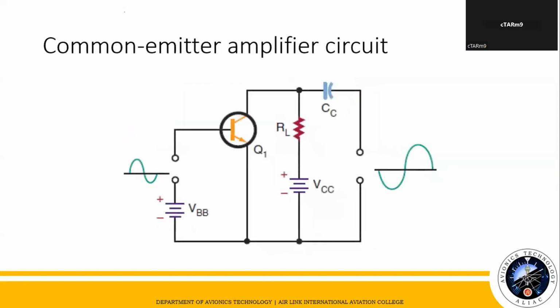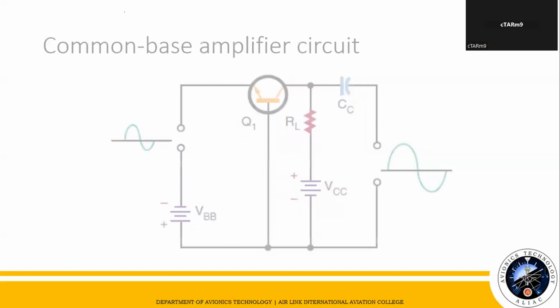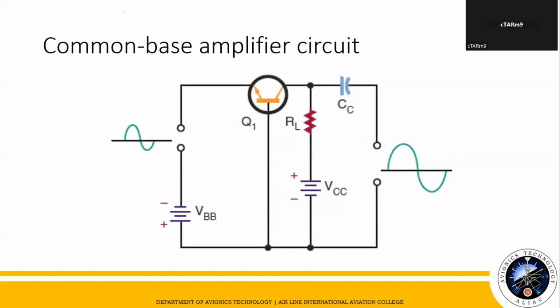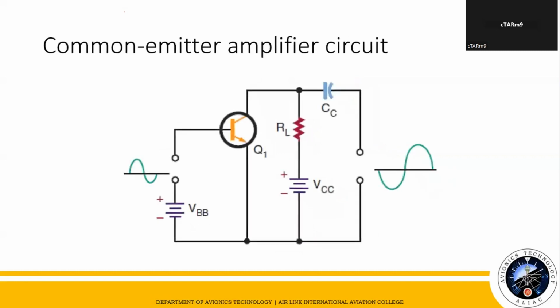Next, a common emitter amplifier circuit. So, in the common emitter circuit, the input signal enters the base-emitter circuit. Kanina, emitter base. Now, dito, common emitter, ang pinaka-common nila kasi yung nag-share current ay dito, kay emitter.